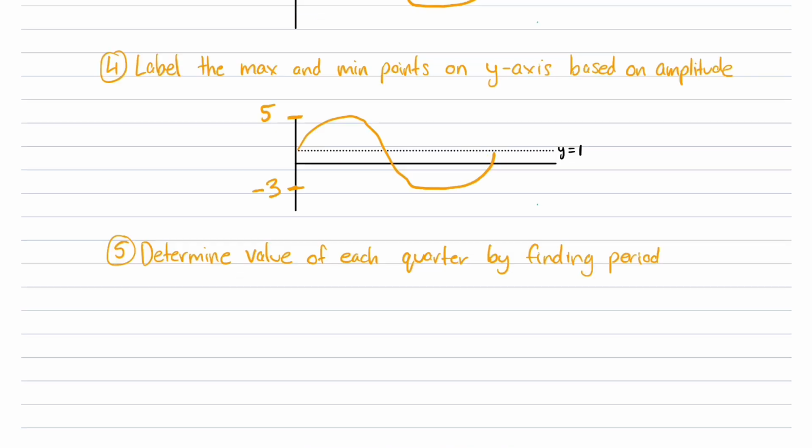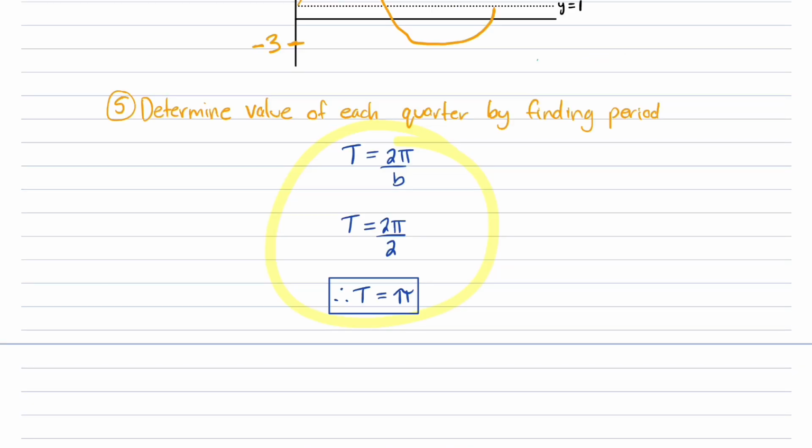Now that we've done that, nothing really too complicated so far, right? Now we're going to determine the value of each quarter by finding the period. So the b value in this case was 2. So to find the period, it's 2 pi over b. That formula is always true. So 2 pi divided by 2, the 2's are going to cancel, and therefore we get the period is equal to pi.